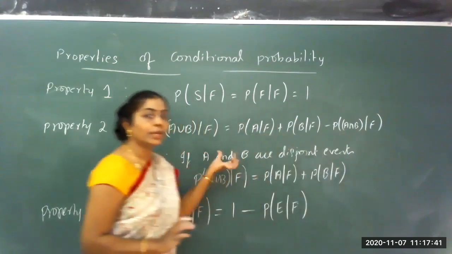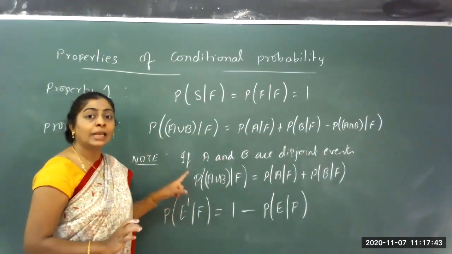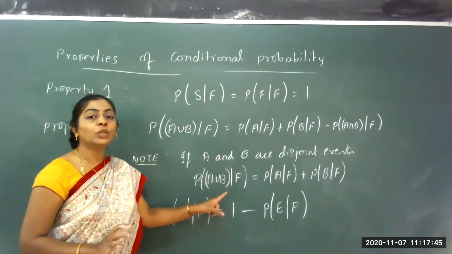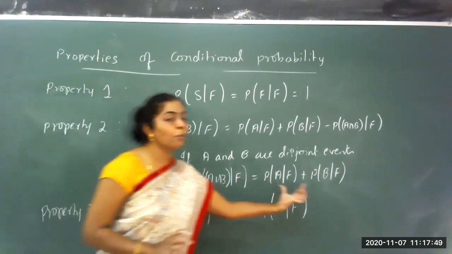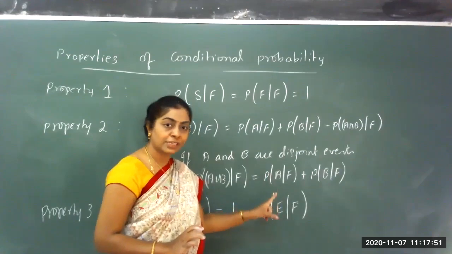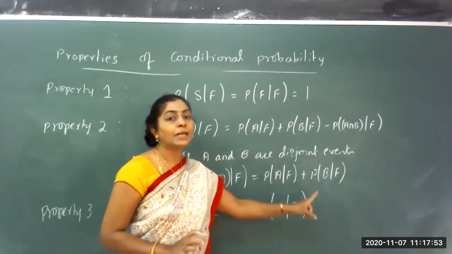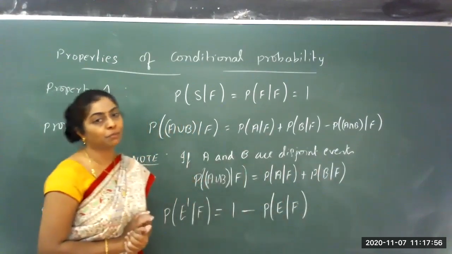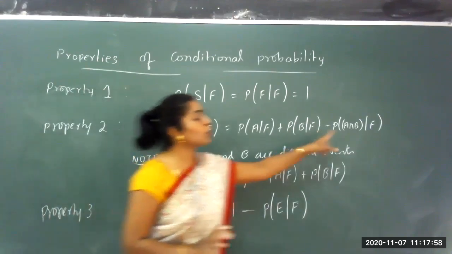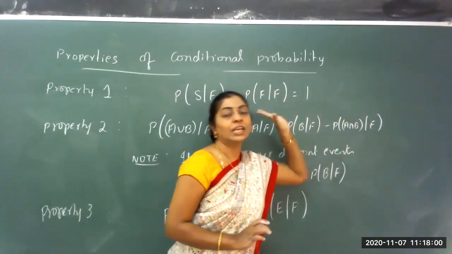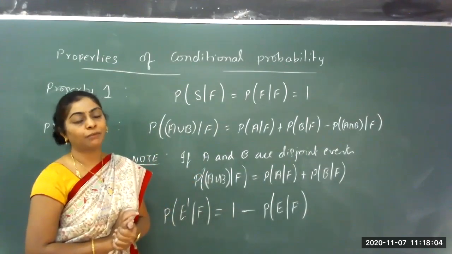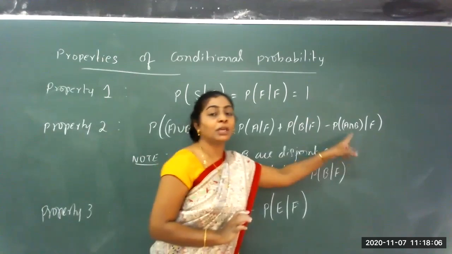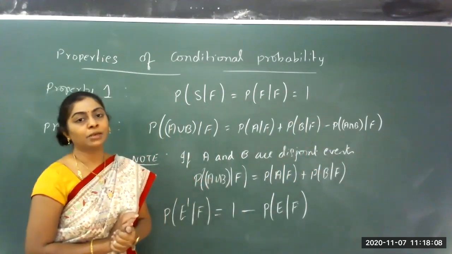So from the same property, the conditional probability of A union B when F has occurred is equal to the sum of the two, because the intersection is nothing but 0.